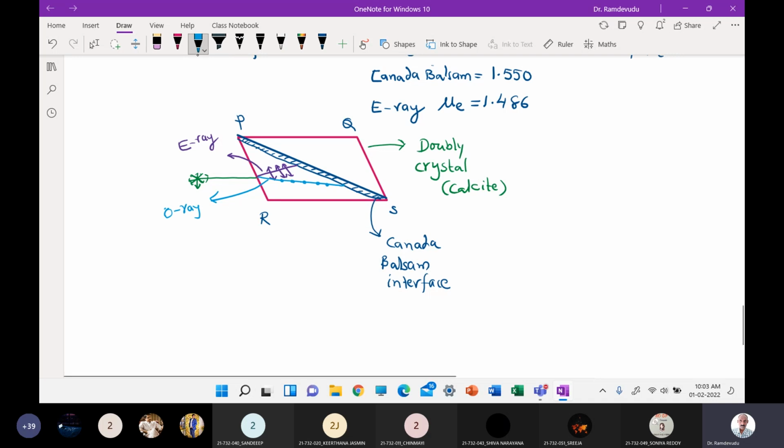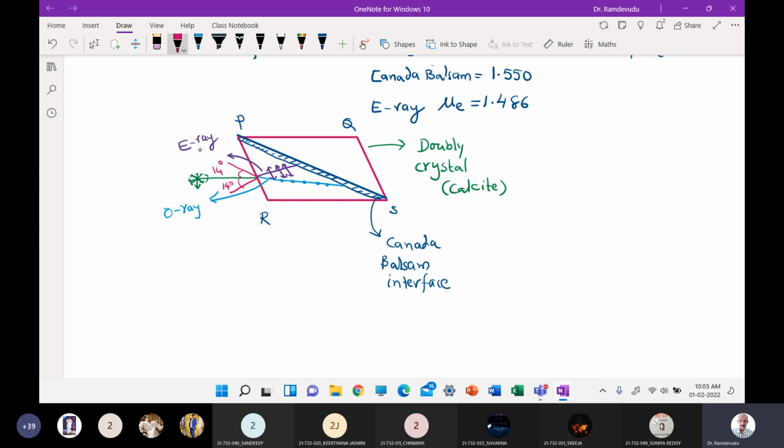But you have to see very carefully that the light falling here should fall at an angle equal to 14 degrees. This is most important. The angle of incidence for air and Canada balsam must be around 14 degrees. Otherwise the E ray will not strike at an angle greater than the critical angle, and therefore you don't get total internal reflection.